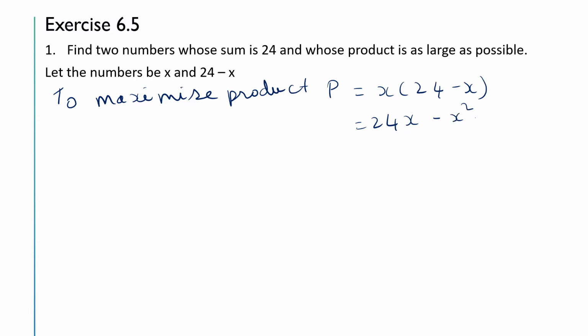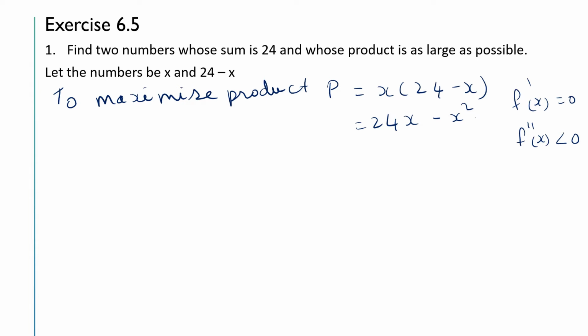Now if we want to find the point of maxima, we usually find f dash of x equated to 0 and then find the second derivative f double dash of x, and if it is less than 0 then we say that it is a point of maxima.